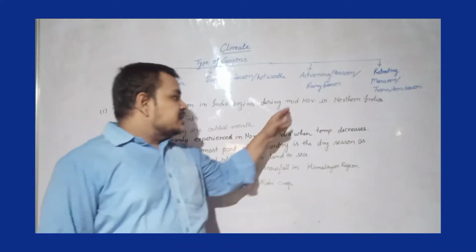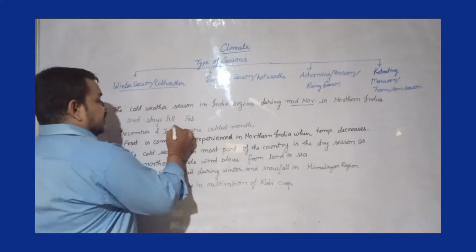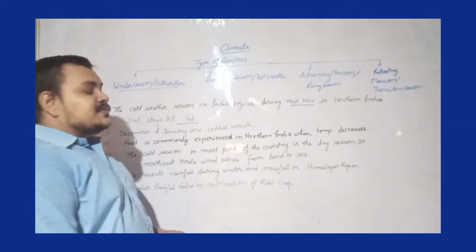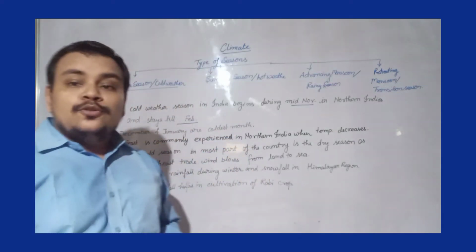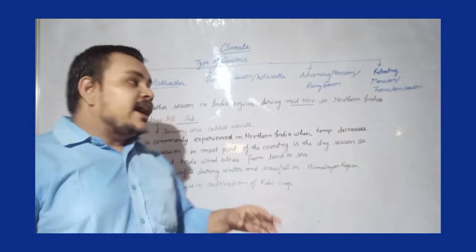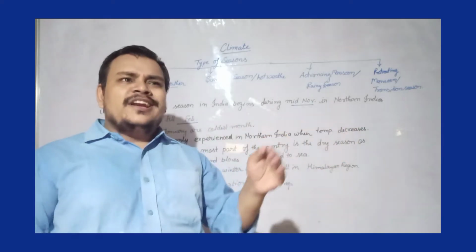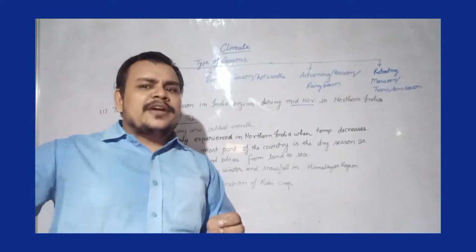It starts in mid November and runs up to the last of February, according to the Hindu calendar, up to Holi. It runs up to Holi, and after Holi we face a little bit of winter, and then it becomes over.